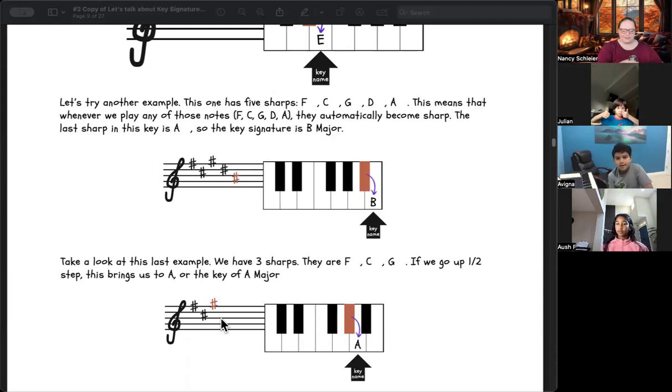I do know how to do it now, but it's just a little bit hard to remember. It is hard to remember, and that's why we're doing this class. We'll do a couple examples as well, okay? What I expect is for us to understand this stuff better. What I do not expect is that after today you will never have problems with sharps and flats and key signatures again.